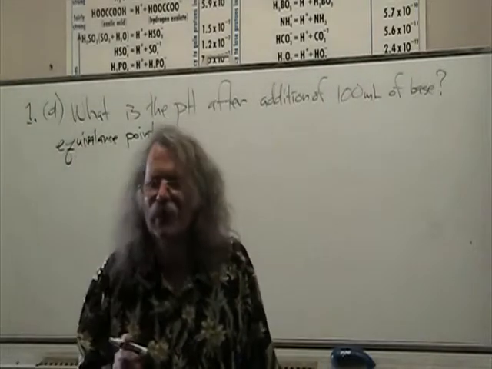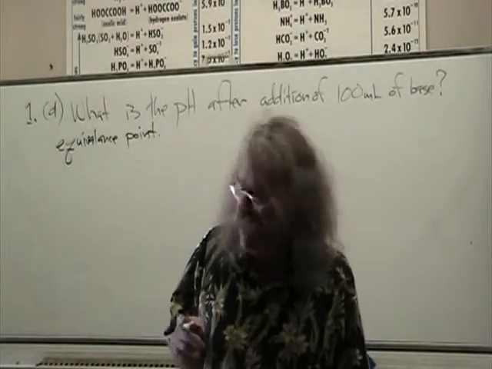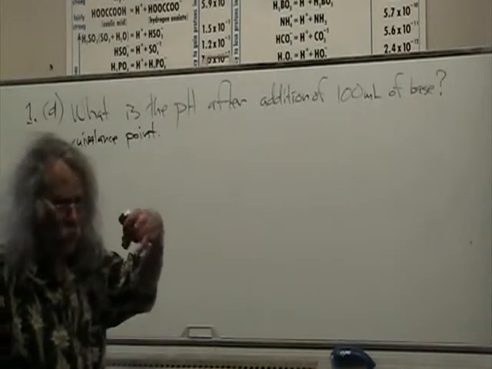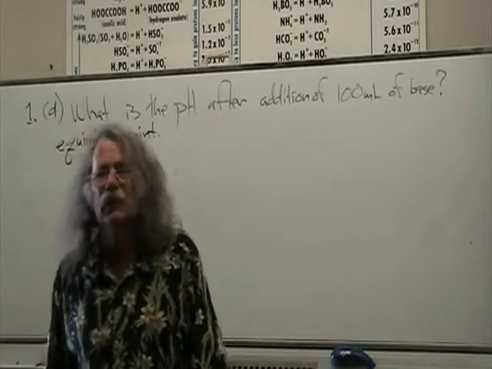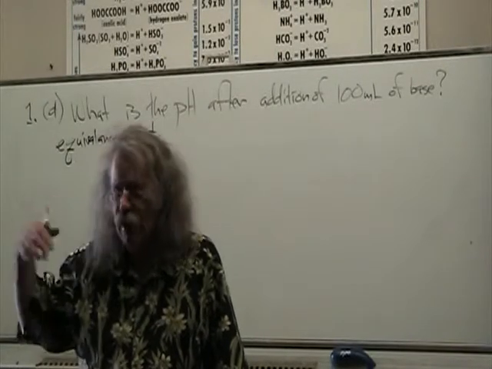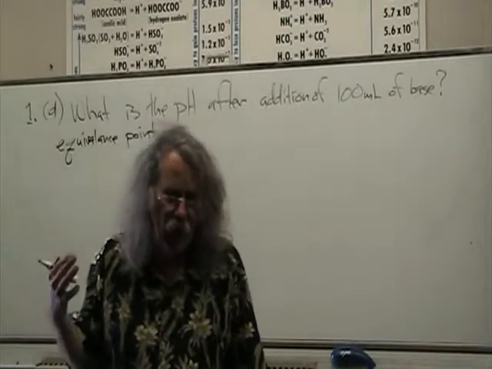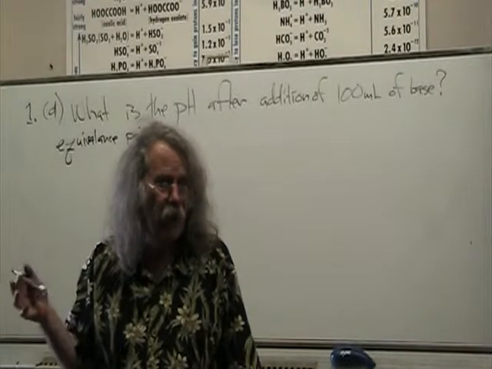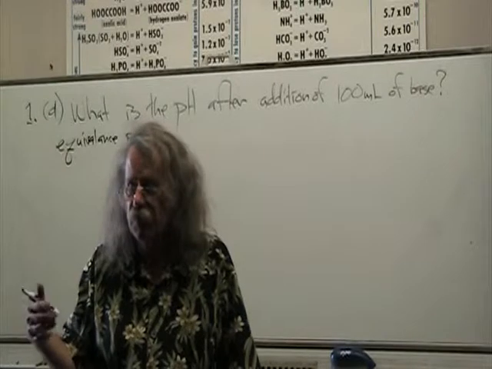Hadn't thought of that. So we've generated what is equivalent to a solution of sodium acetate. And effectively, we're going to have to deal with the fact that the acetate ion, being the conjugate base of a weak acid, is strong enough to do what?